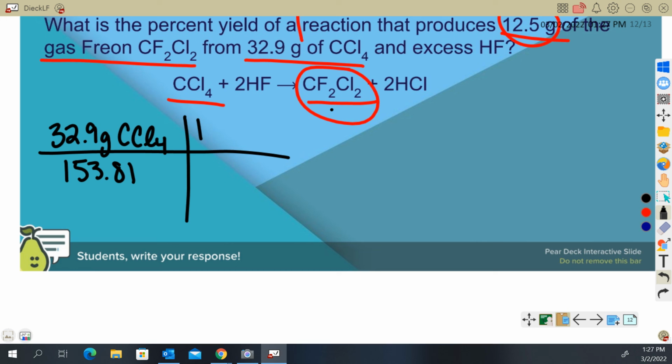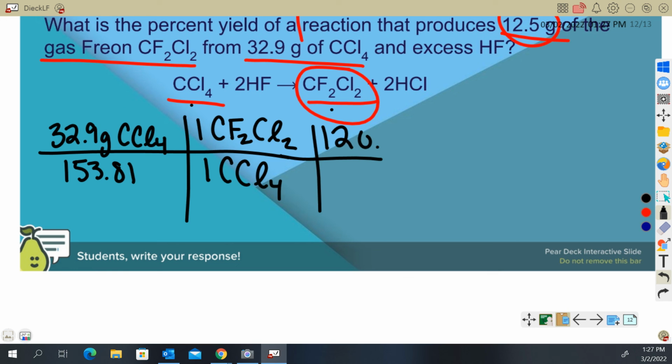This is Freon right here, so 1 CF2Cl2 over our given, which is 1 CCl4. What is my molar mass of Freon? 120.91. After we multiply all of that out, what did you get for your theoretical yield? 25.86 grams of Freon.